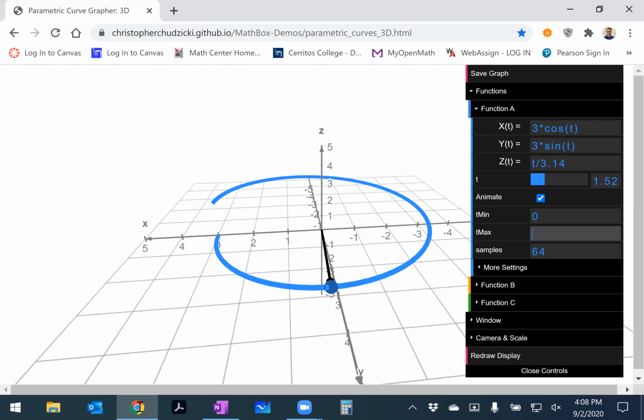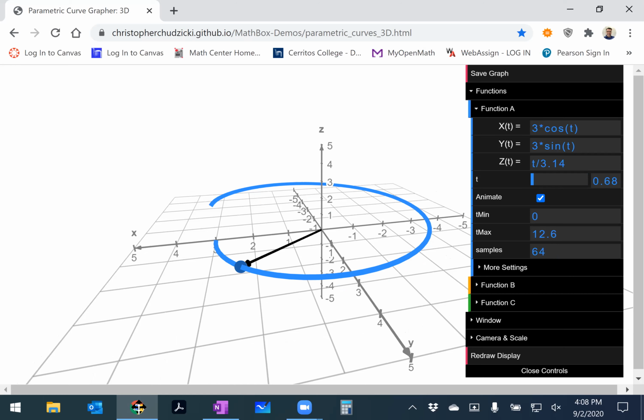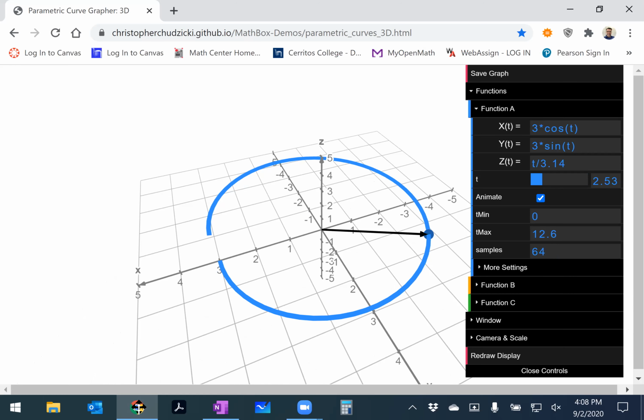Let's see what happens here. I don't know why it's not tracing. Trace? Animate?